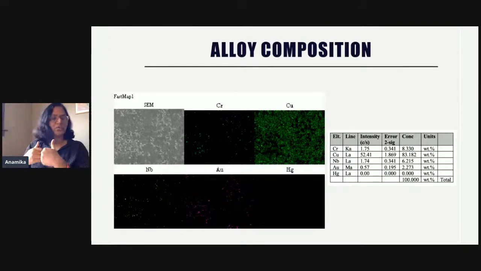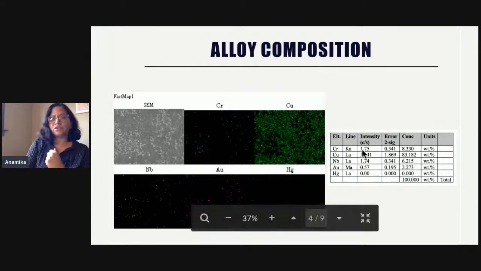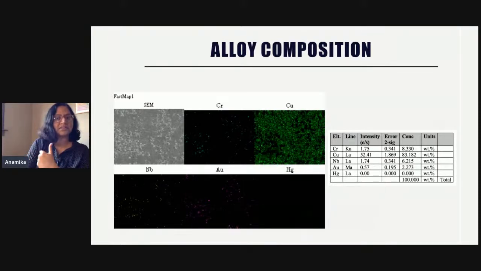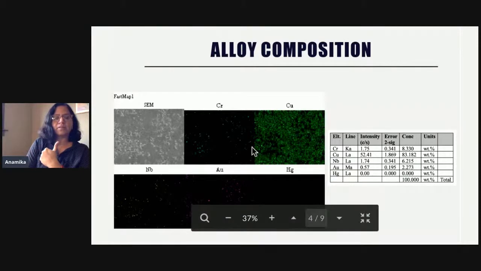It's called a microstructure. We do another level of imaging to understand the distribution, not just what is present. So the table shows we have these elements present, and these figures show where the chromium portion is.